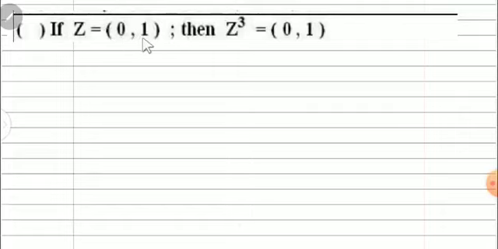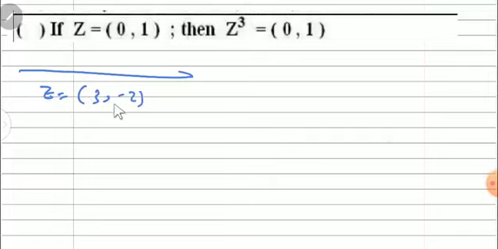So, let me remind you of something. For example, z equals (3, -2). This is in ordered pair form, okay? I want to turn it into algebra form.